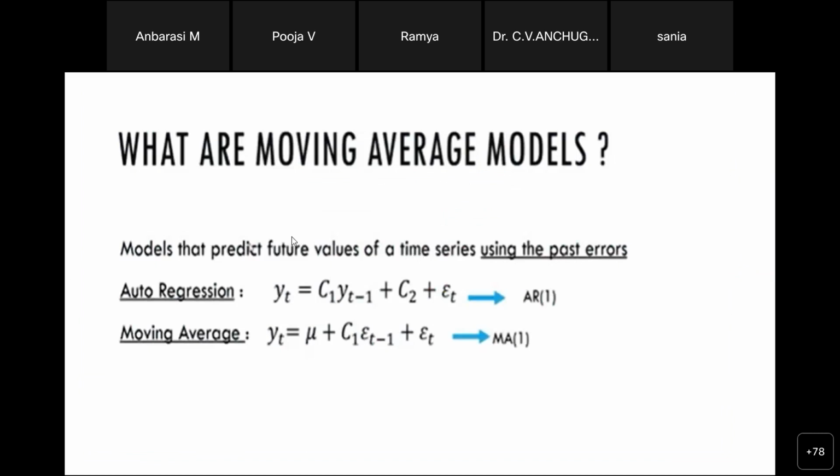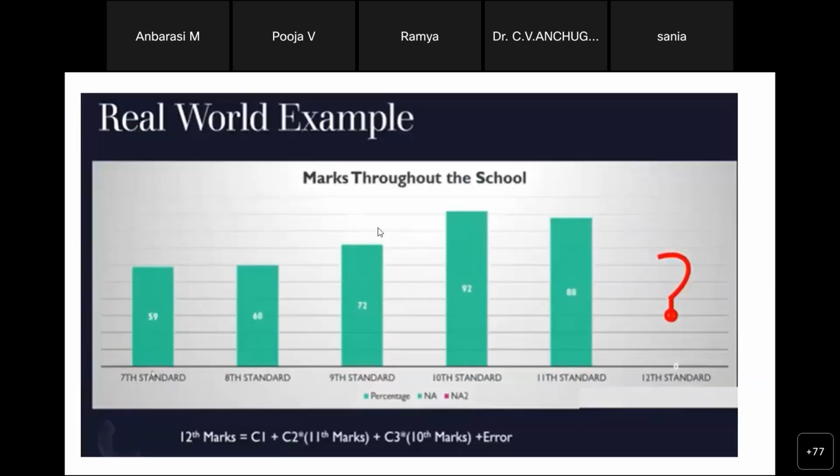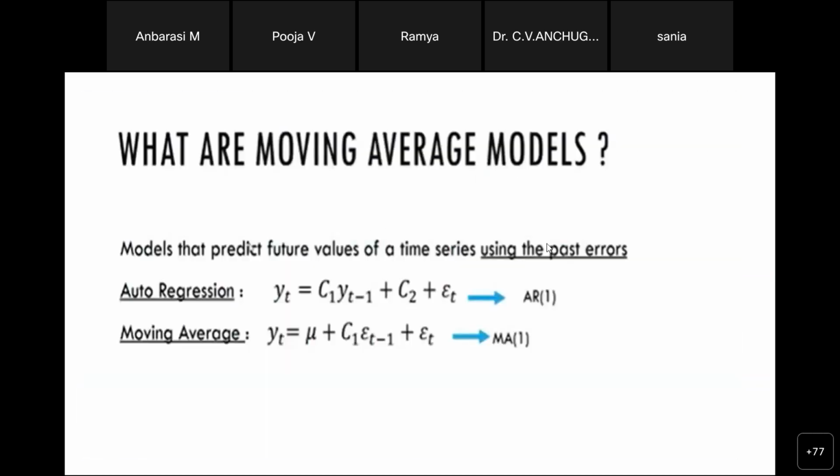So in the autoregressive model, we predict the future value based on the previous values. But in the moving average, we use the past error data to predict the future value.